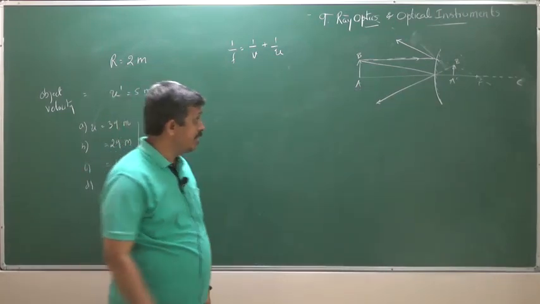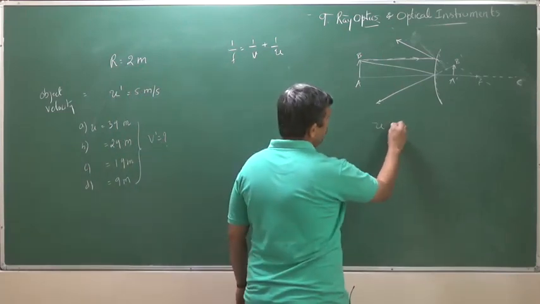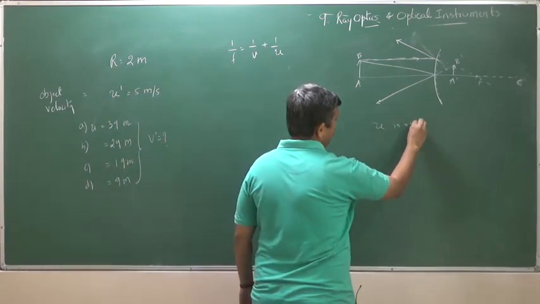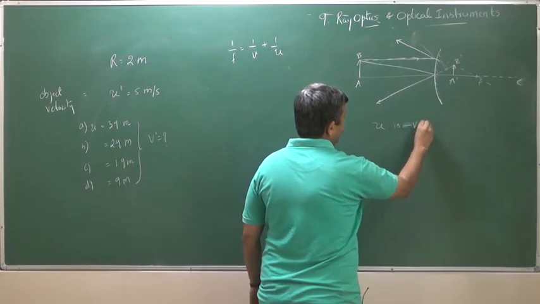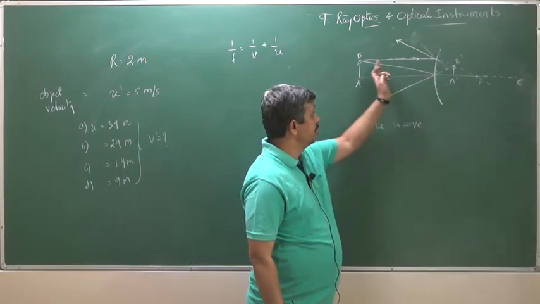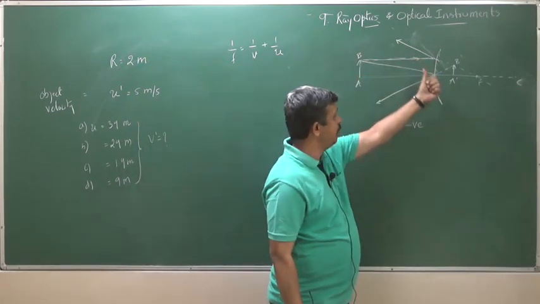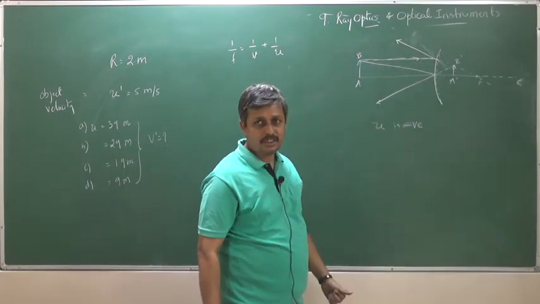So, if you see here, the object distance u is negative. Why is it negative? Because you have to measure the object distance opposite to the incident ray. Incident ray coming here, you have to measure the distance in the opposite direction.